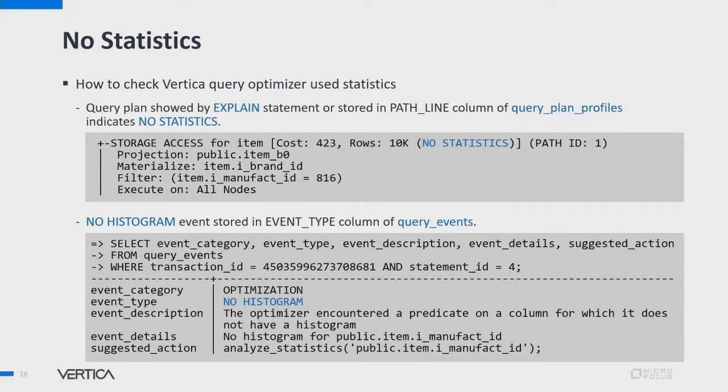If it is present, it means that the table does not have up-to-date statistics. So consider updating statistics for better query plans. The query events system table also shows statistics-related events and provides suggestions on which tables to update statistics. So frequently monitor this table and update statistics on all reported tables.